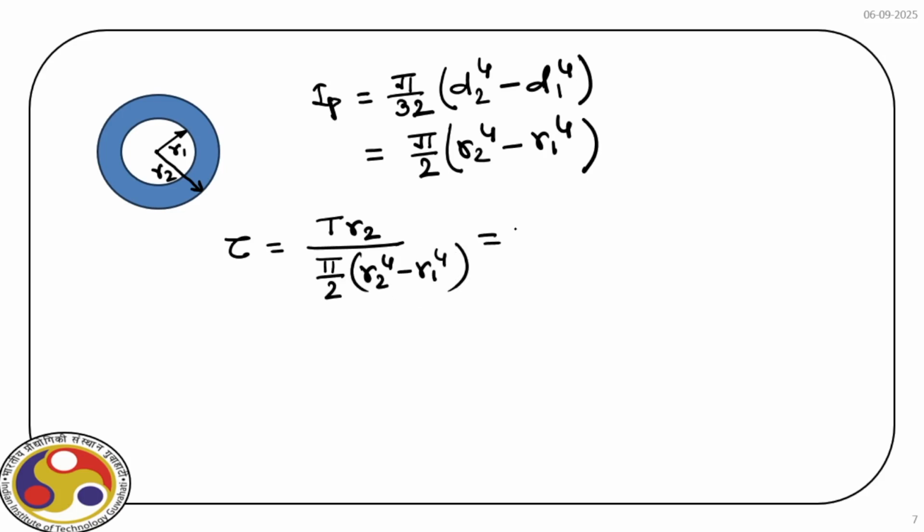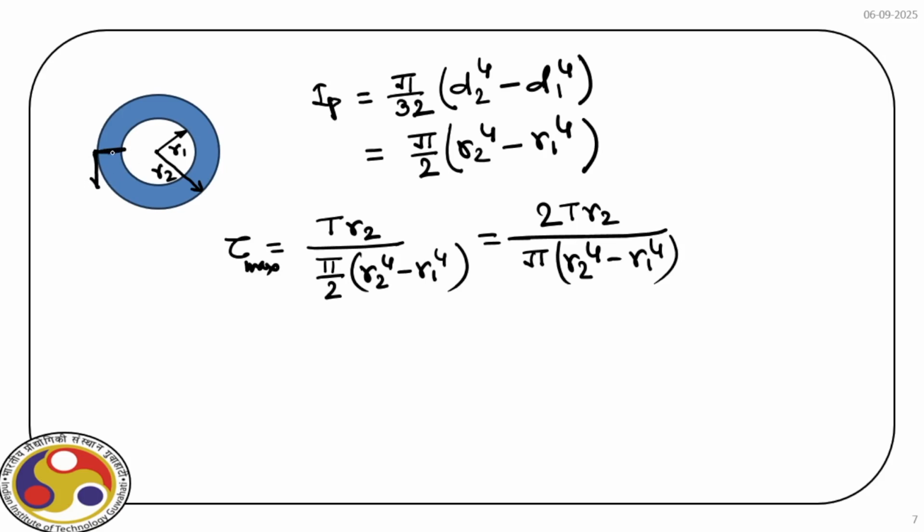So effectively we have 2 times T times R2 divided by pi times R2 to the power 4 minus R1 to the power 4. So that is the maximum tau developed at the extreme fiber. So this is the maximum value of tau.